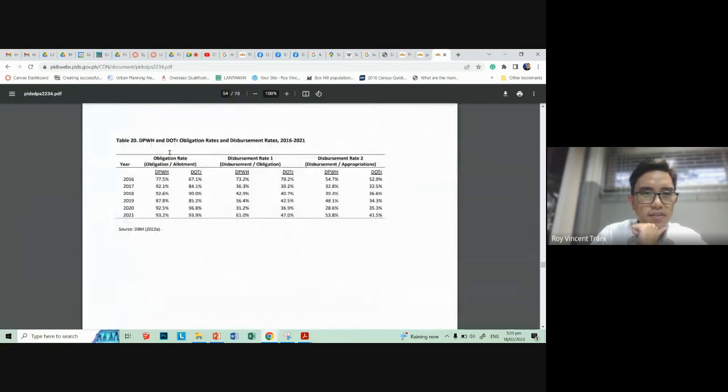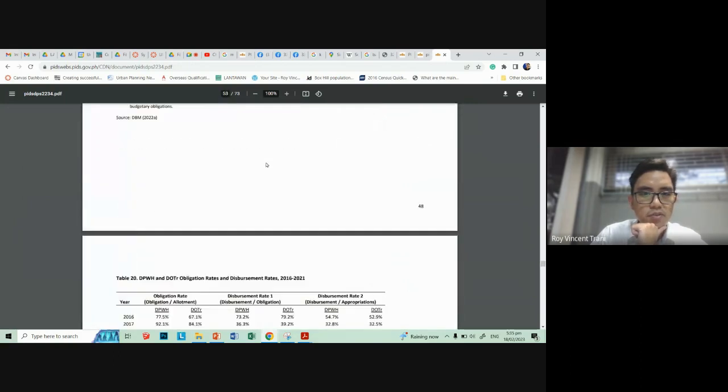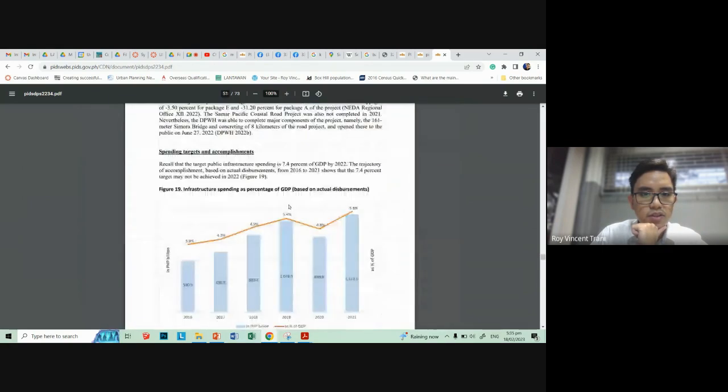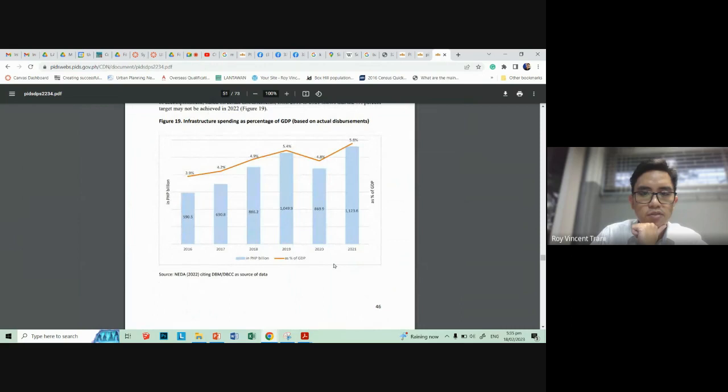Okay, let's see. Obligation and disbursement rates. Obligation and disbursements. Infrastructure spending as percentage of GDP. Let's see. As percent of GDP, 5.8%. 18 billion.